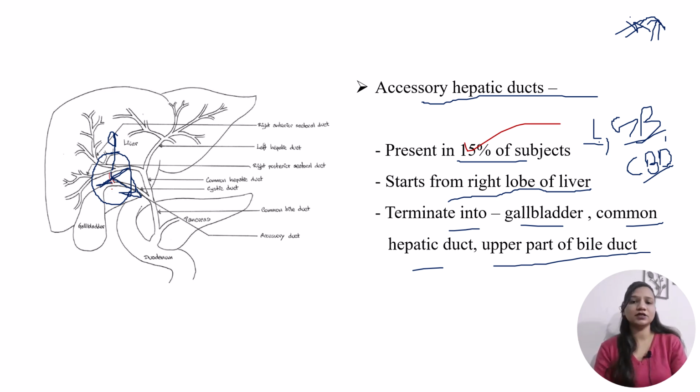That is, accidental injury can happen, and due to the accidental injury bile leakage happens. And also if there is accidental ligation by mistaking it for a cystic duct, the accessory duct can be ligated, which will lead to biliary obstruction or segmental biliary obstruction.